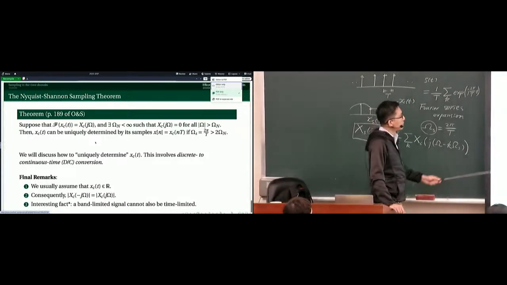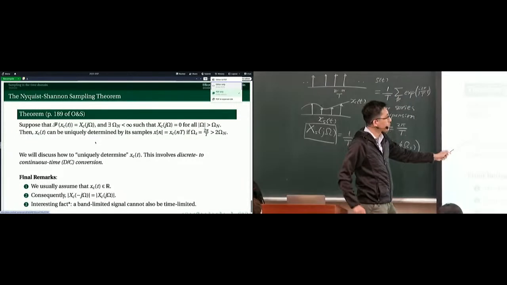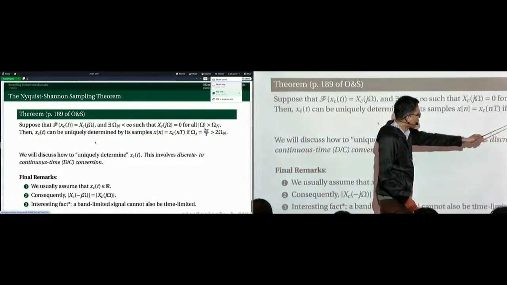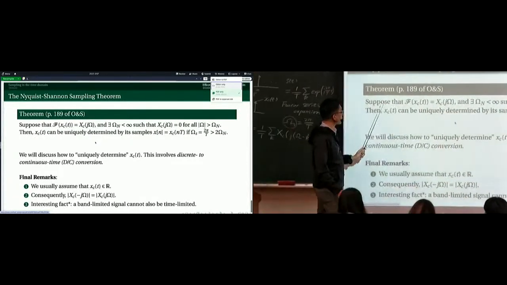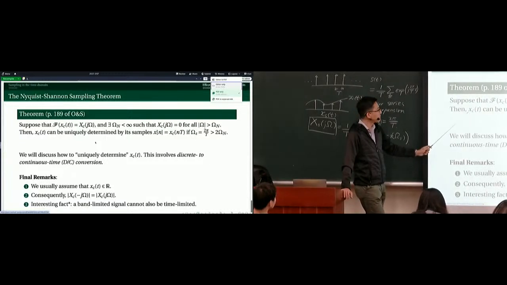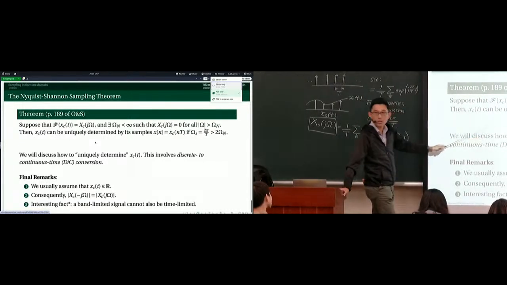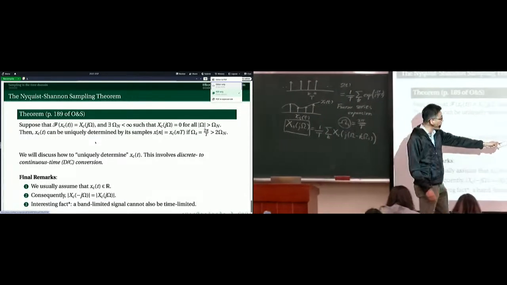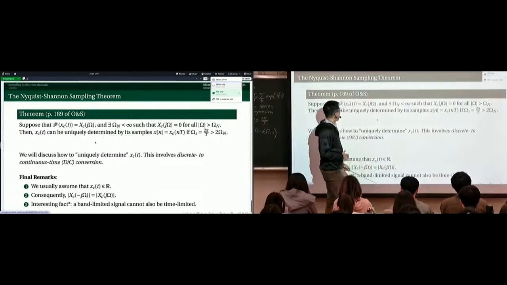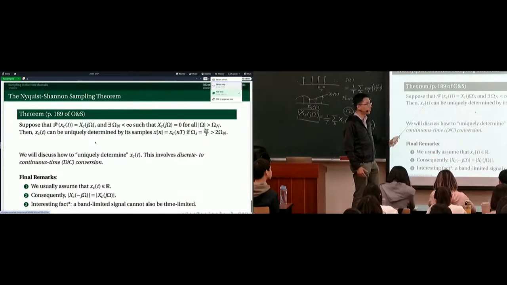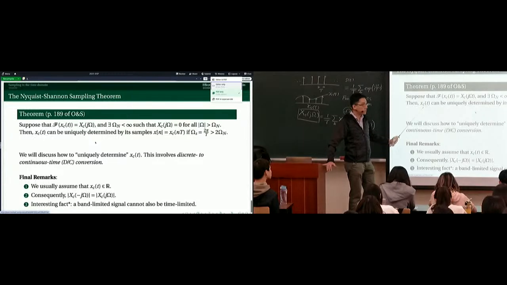So why? Because you want to sample at a sufficiently high rate so that your signal can be reconstructed. That's really the meaning. This is sort of jargon, a mathematical way of saying things, but really it means that if you sample with a sufficiently high rate, then you will be able to uniquely determine your signal from the samples.